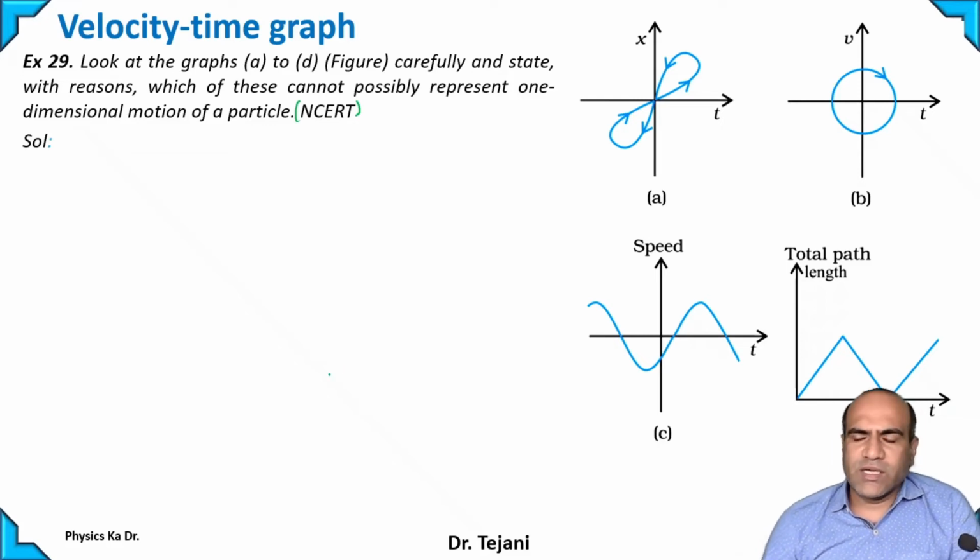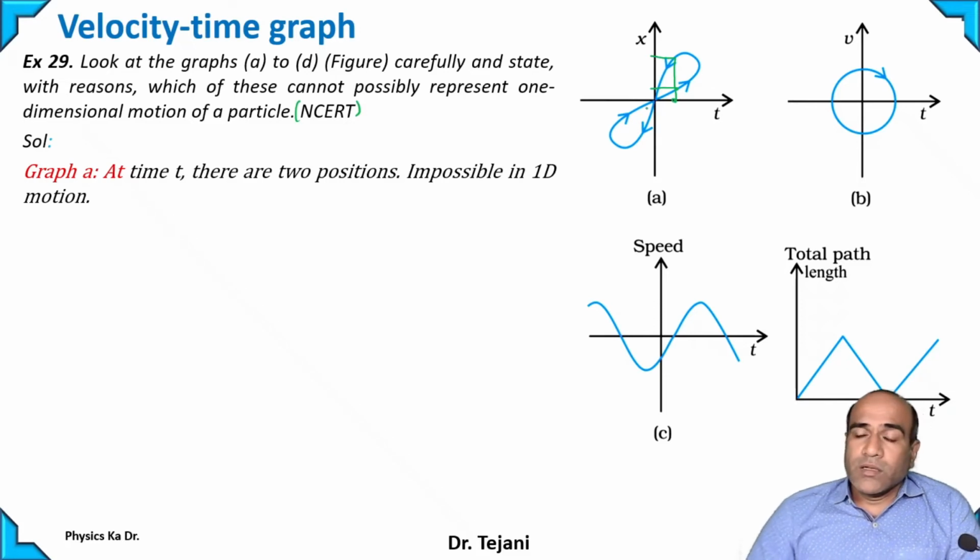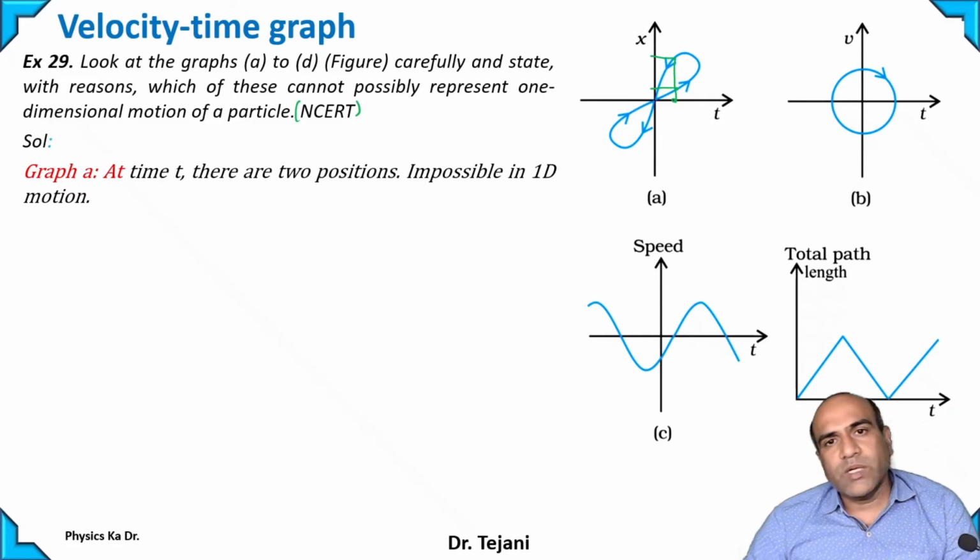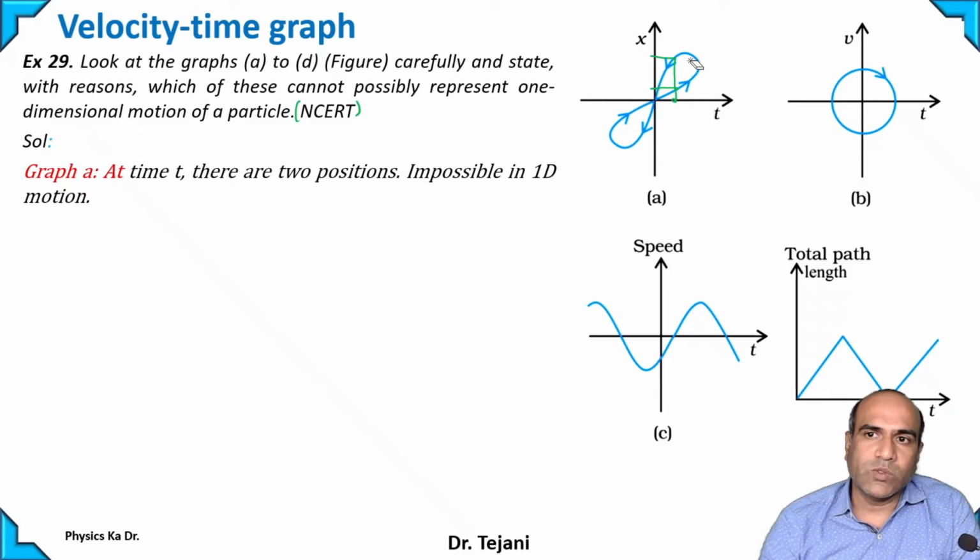So first case, time is going in the opposite direction, and at time t, it is showing distance x, and this is another distance. Is it fair? At time t, two distances are not possible. I cannot be here and in America, both the places. It is not possible. So therefore, A is not possible.